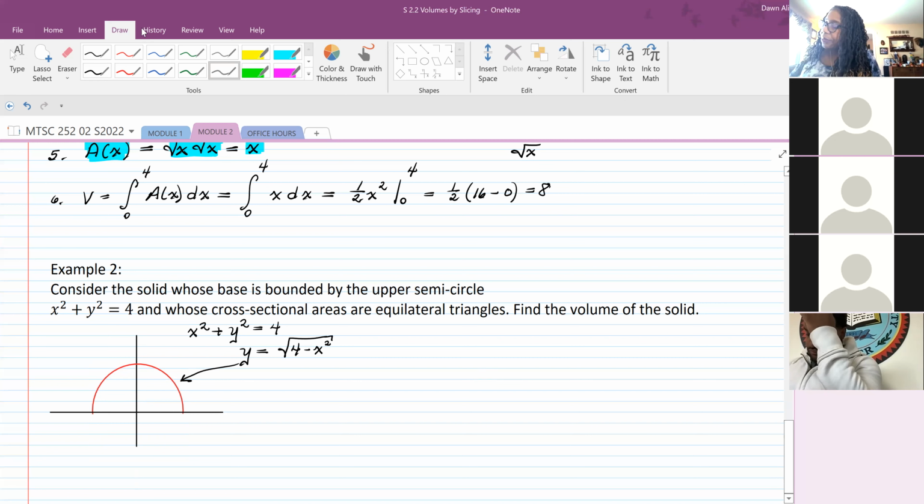It's kind of hard for me to draw an equilateral triangle like that, so I'm going to do my best. So here I would have this, and then on this side I would have that, and then on this side I would have the same thing.